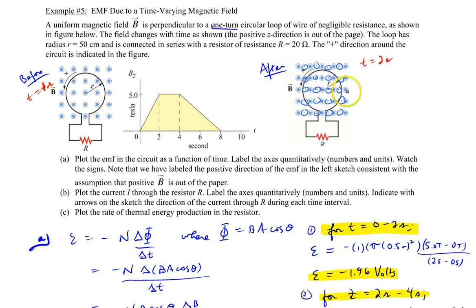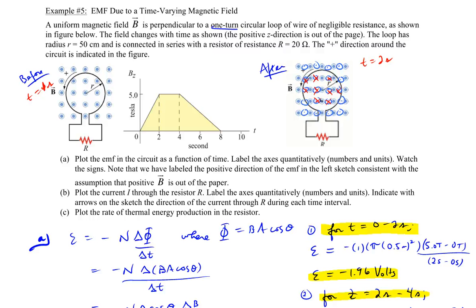The loop will provide its own field lines that counteract this change by basically canceling out these extra field lines that are going into the plane of the loop here, and so we end up with the same amount of dots that we have here. So we have 9 dots, and I have back to 9 dots again in the picture.